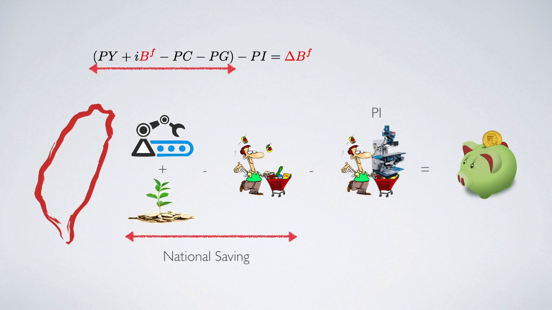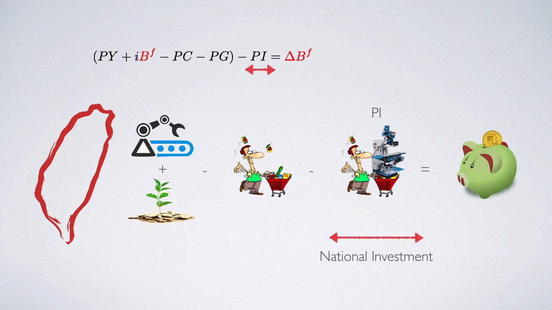The first term is actually national saving, because it is this nation's total income minus the consumption of households and the purchases of government. So this is the income that is unspent by households and the government. This is the definition of national saving.